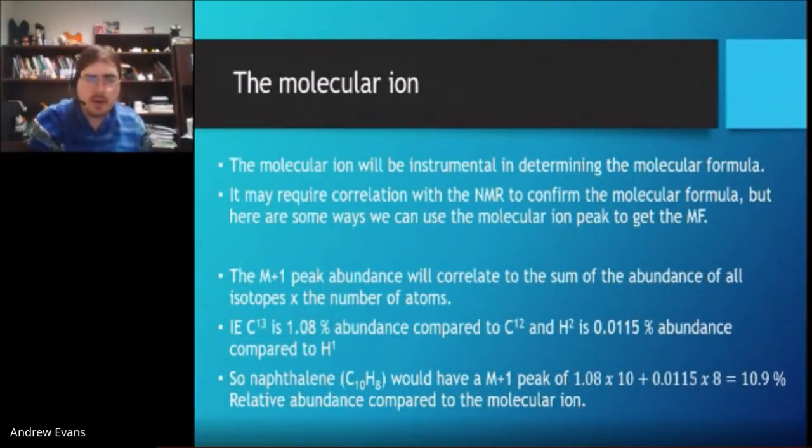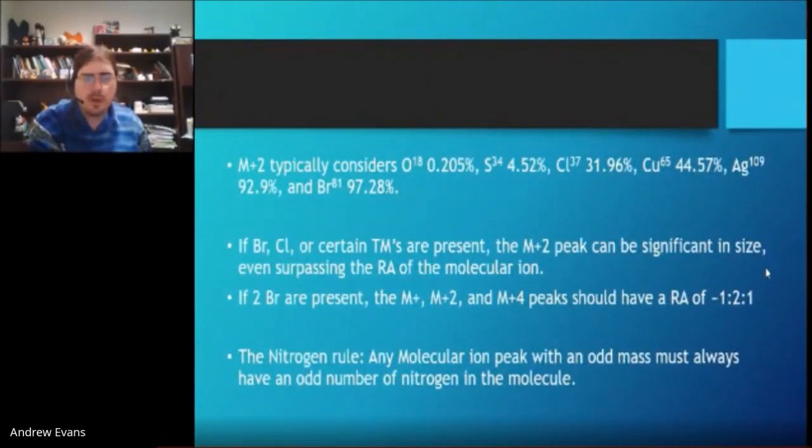So the molecular ion will be particularly useful because it can give you a weight range, so you have some idea of what the molecular formula is. You can actually try to calculate that based on your molecular ion peak. I'm sure we're not going to have to worry about that too much.